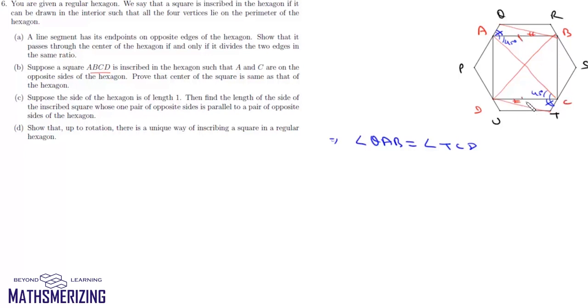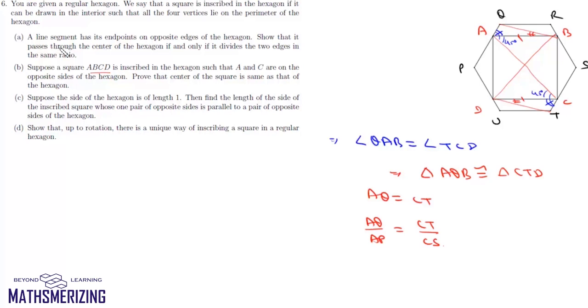Now AB and CD are sides of a square. So basically we can say that these triangles AQB and triangle CTD will be similar triangles. AQ must be equal to CT, and if AQ and CT are same, then AQ upon AP must be same as CT upon CS.